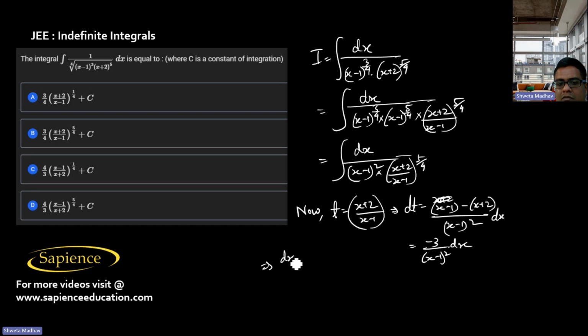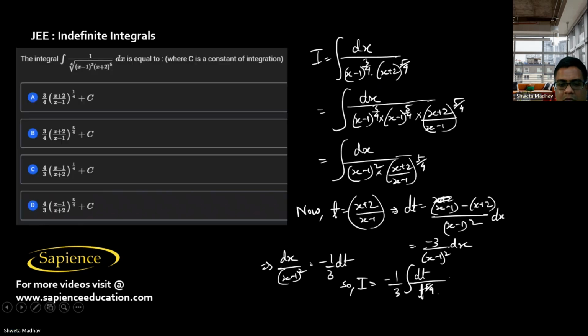Therefore dx by x minus 1 whole square would be equal to minus 1 by 3 dt. So I can say the integral I is nothing but minus 1 by 3 integral dt by t power 5 by 4.